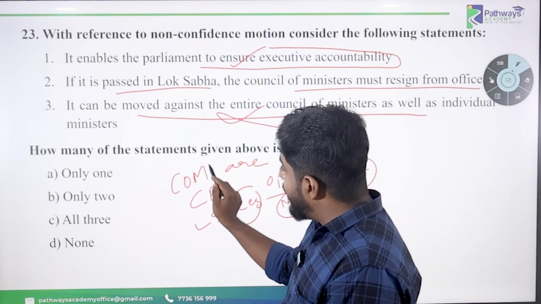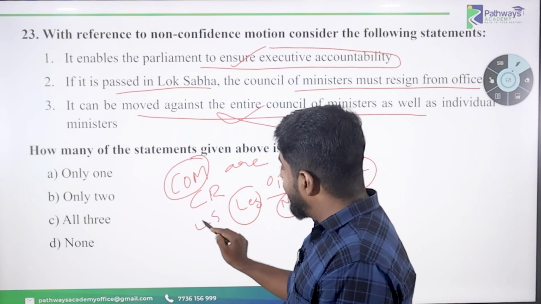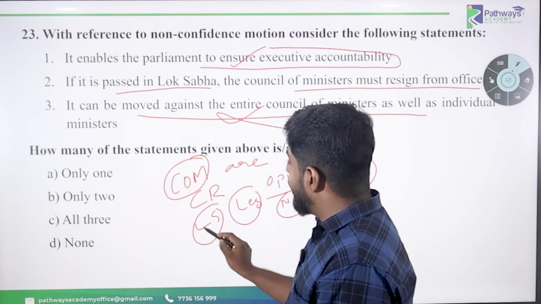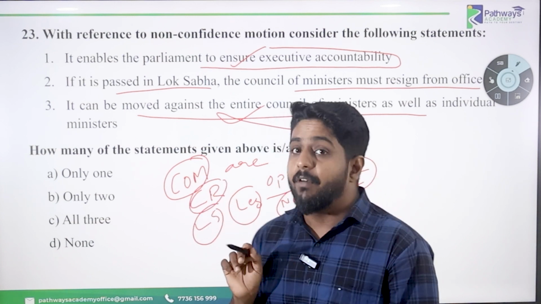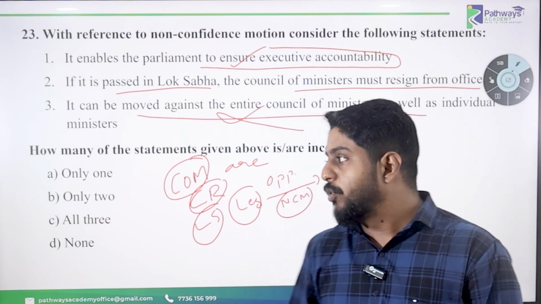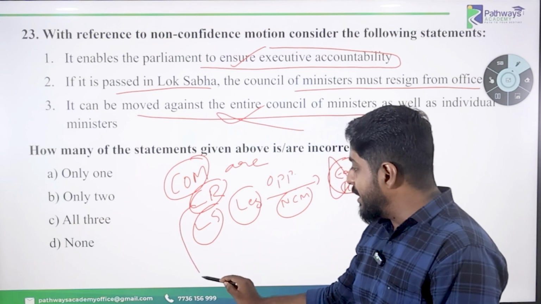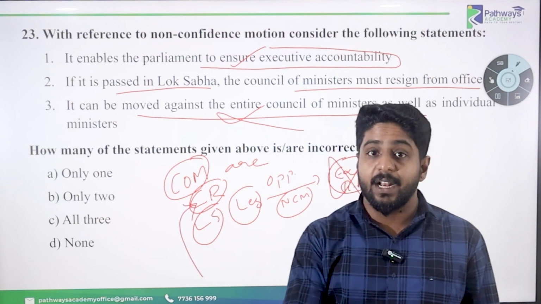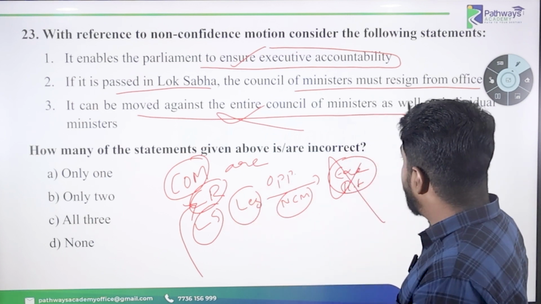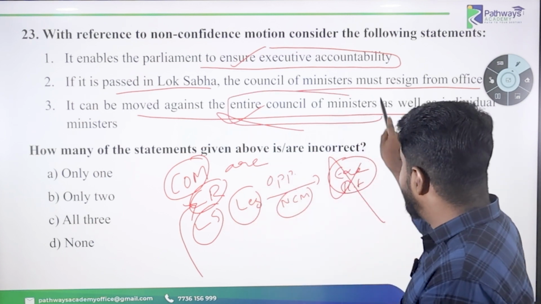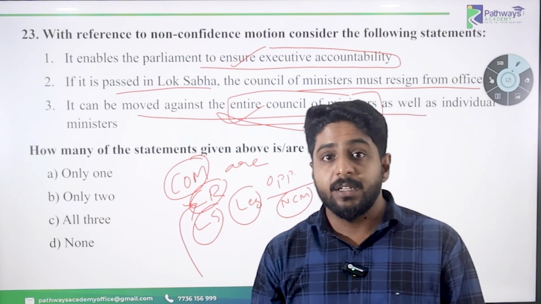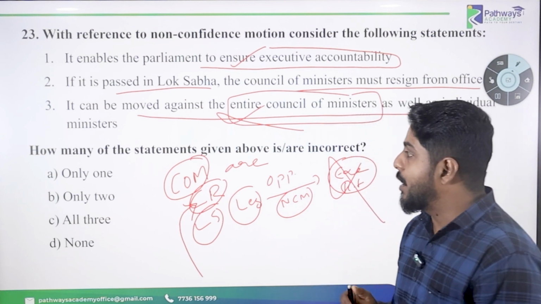The no confidence motion is a motion to check the principle of collective responsibility, isn't it? So a no confidence motion can be applied to the entire council of ministers, not to one particular individual minister. It is applicable to the entire council of ministers.